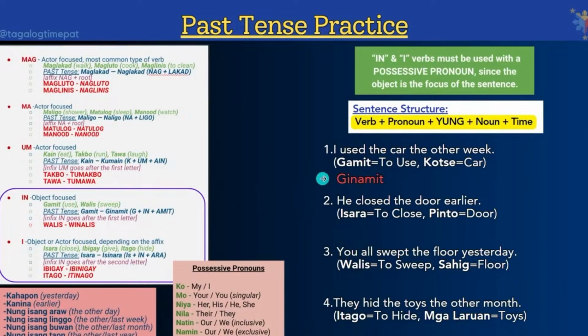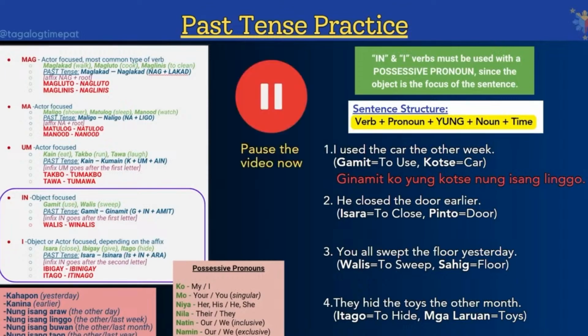So ginamit. Then it's the pronoun ko, which is the possessive pronoun I. Then it's the word yung, which means the. Coche nung isang linggo. So, ginamit ko yung kotse nung isang linggo. I used the car the other week.